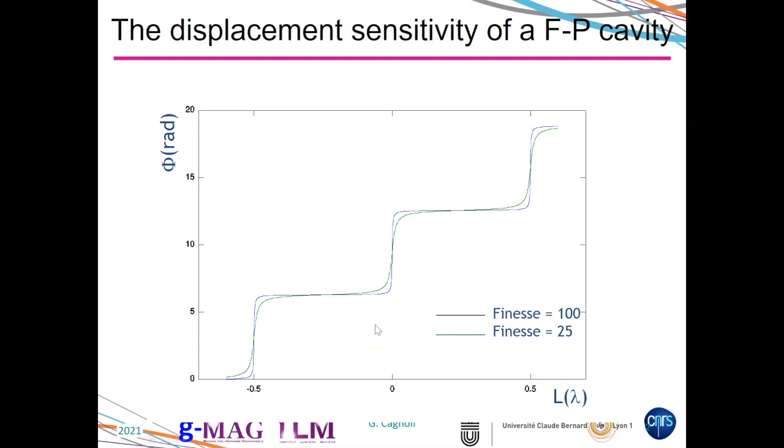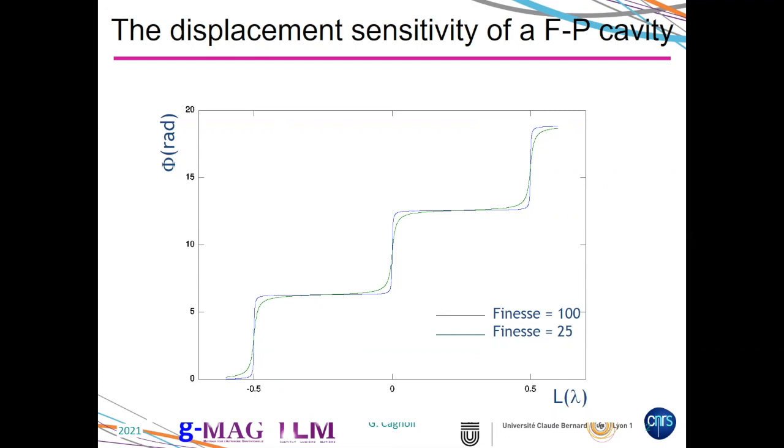It means what is the response of a Fabry-Perot cavity to a solicitation made of a displacement of mirrors. We can imagine displacing either the input mirror or the end mirror. What we're going to change is the length L of the cavity here.